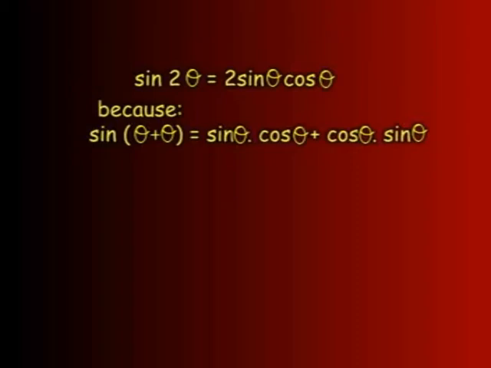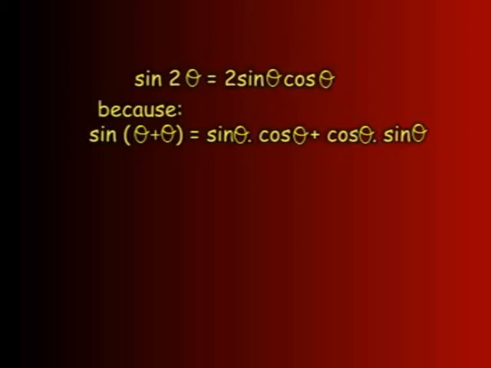That comes about using the compound angle formula sine theta plus beta, except because it's 2 theta, we're going to use sine of theta plus theta. Sine of theta plus theta will equal sine of theta times cos theta plus cos theta times sine theta, which is going to equal 2 sine theta cos theta.